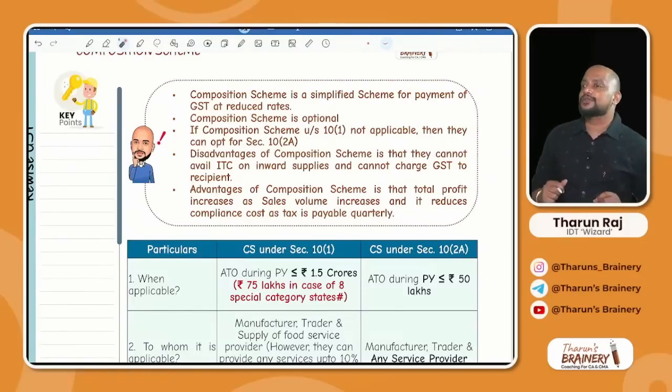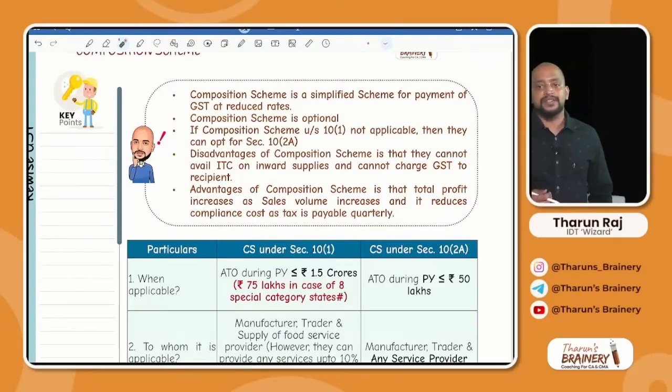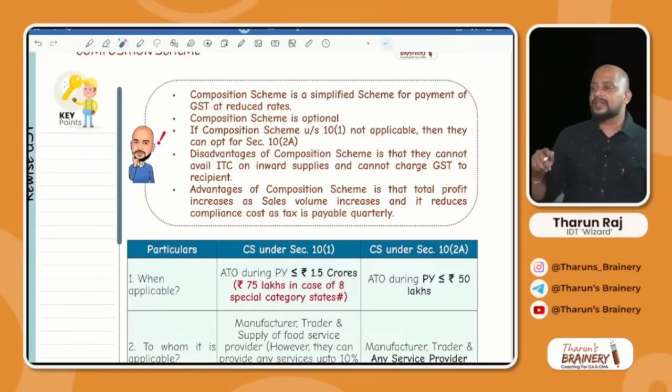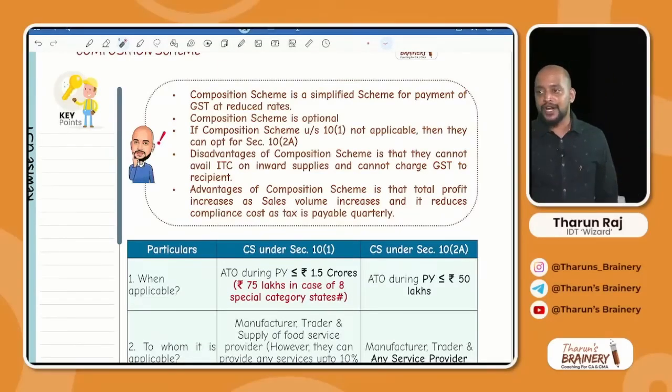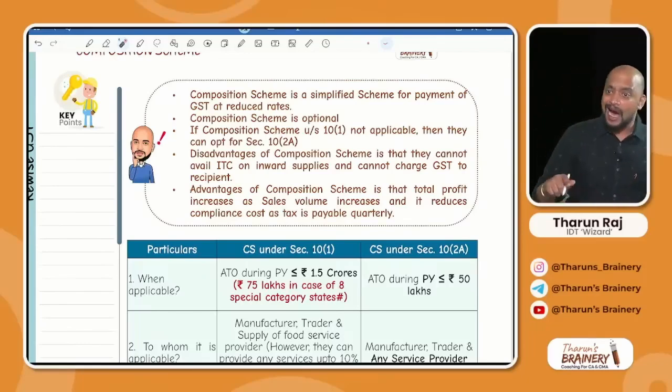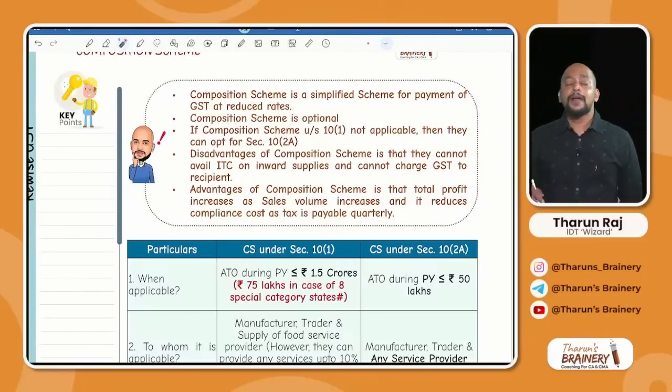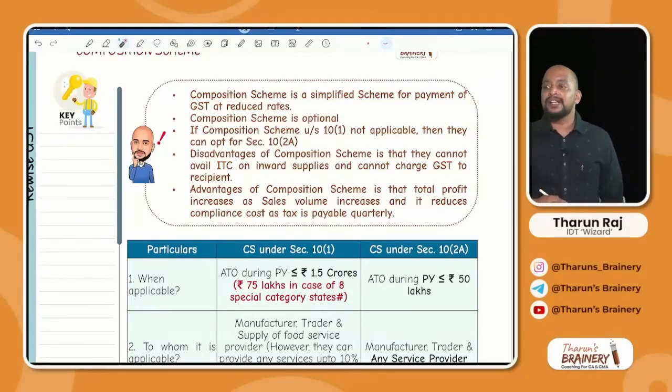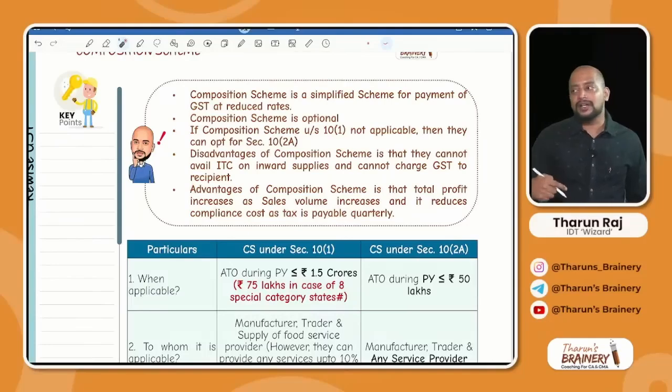What are the accounts and records to be maintained by every registered person? IFORMAT: I for inward supply, F for foreign trade, import and export, O for outward supply, R for RCM supplies, M for manufacturing and production related records, A for advances received, paid and adjusted, T for tax details, S for stock details. But a person who is under composition scheme is not required to maintain tax details and stock details.